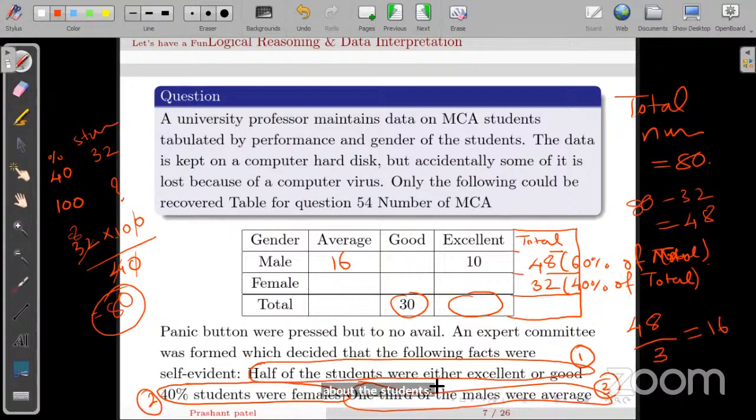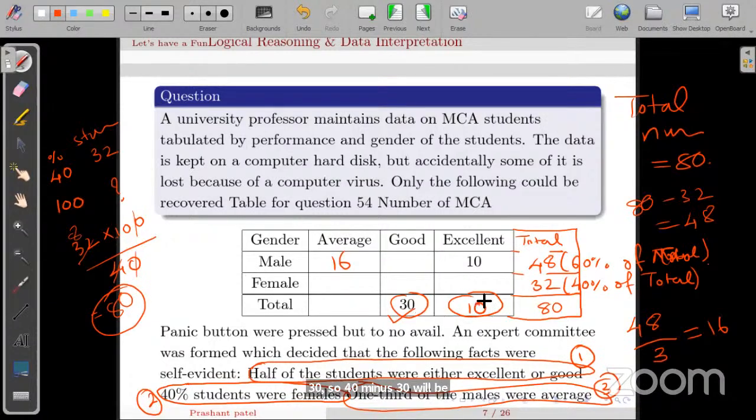But half of what? We have a total number of students. The total number means this sum has to be 80. Half of the total means 40. Okay, out of 40, 30 have been given to good, so how many are left? Yes, are you following, guys? 30, so 40 minus 30 will be 10.